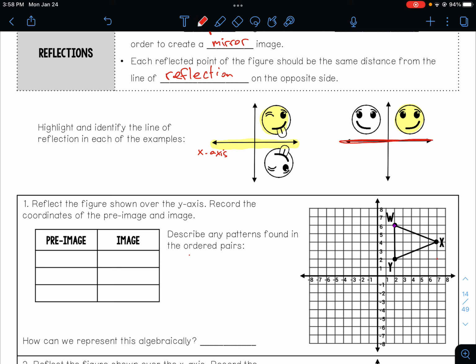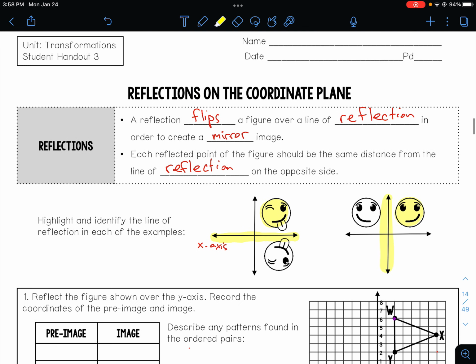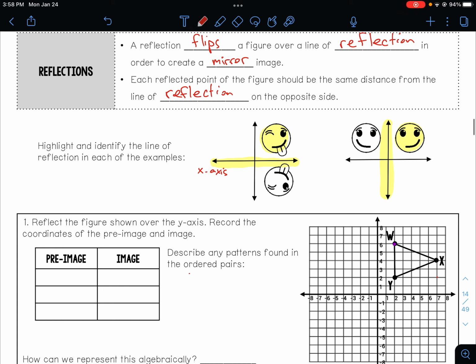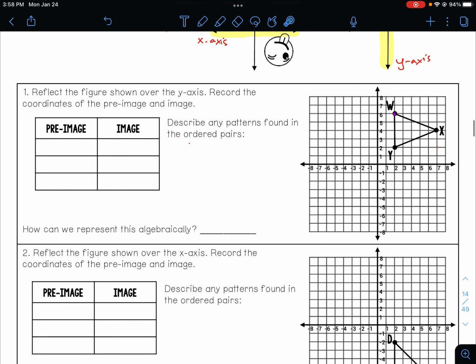It's not being reflected off that line, because you'd assume there'd be a face down there. It's being reflected off this line right here, and that line is the y-axis. So we can reflect an image off the x-axis or the y-axis. Now, you can reflect it other ways too, but let's not focus on that.